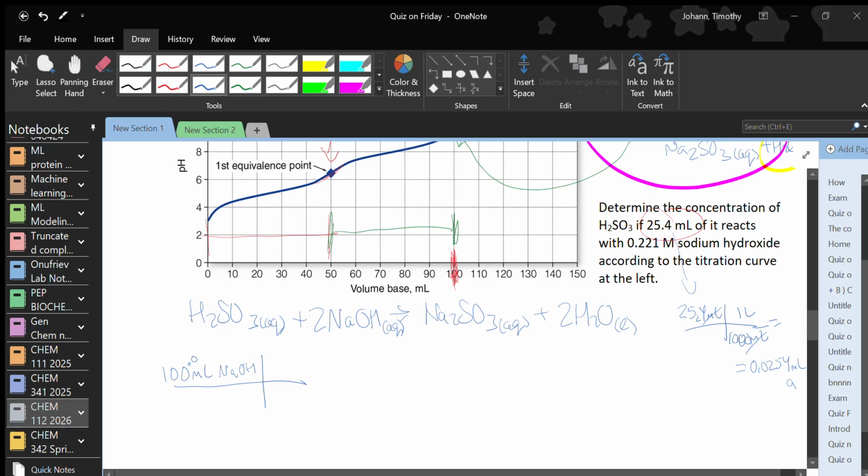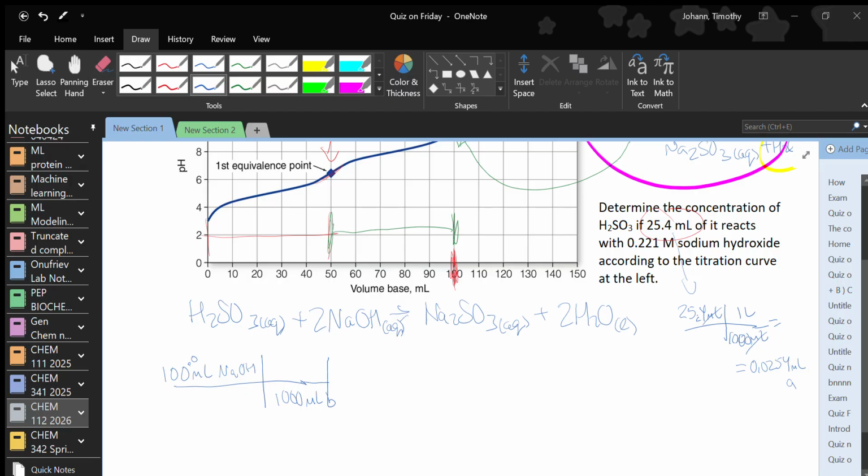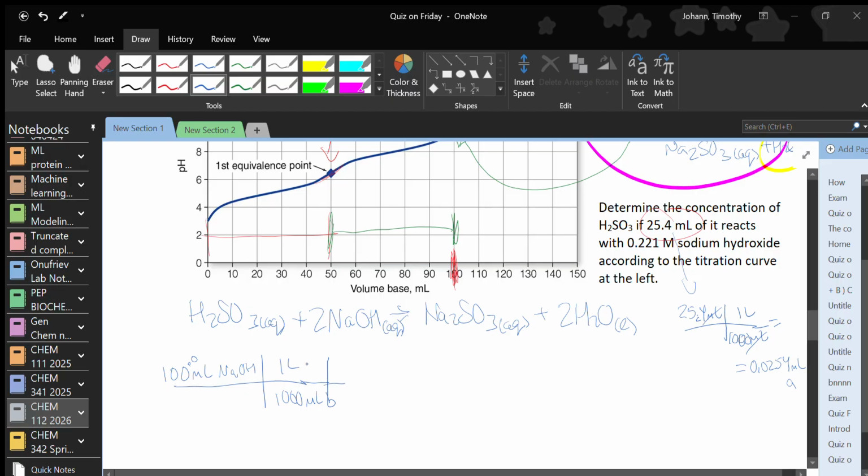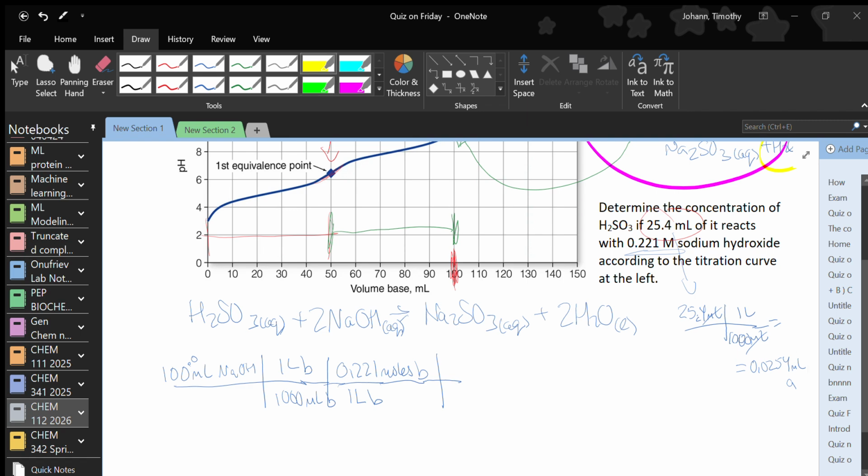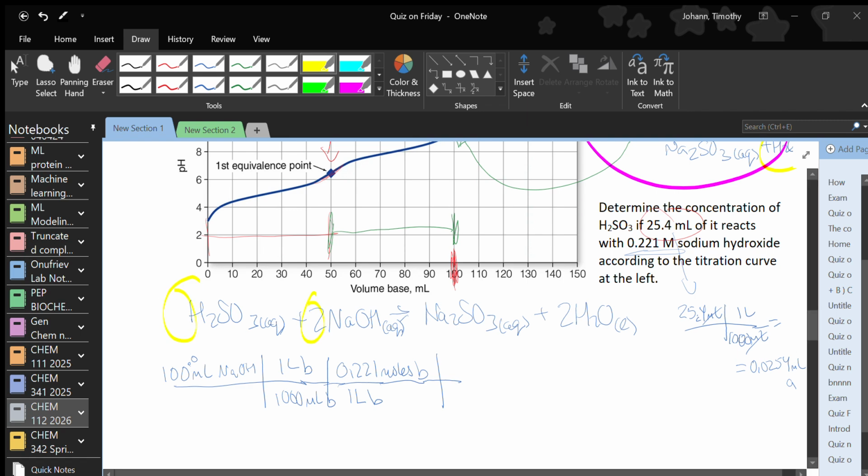If I have 1,000 milliliters of base, that's 1 liter of base. And if I have 1 liter of base, looking up here, that's my concentration, 0.221 moles of base. All right, here's a trick we haven't encountered before: 2 moles of base react with 1 mole of acid.